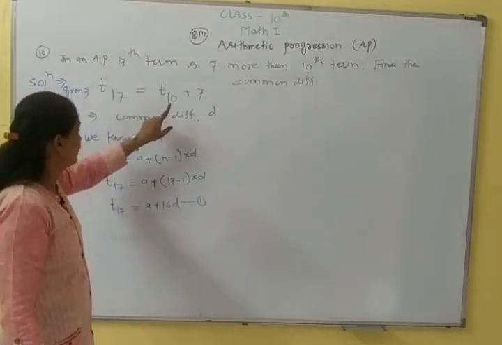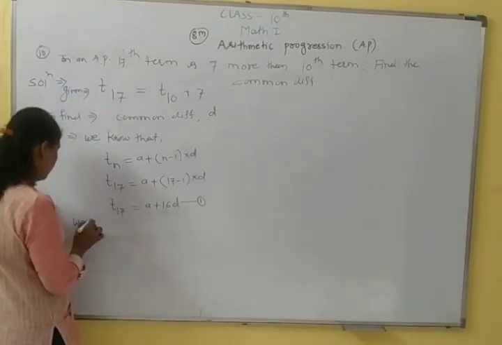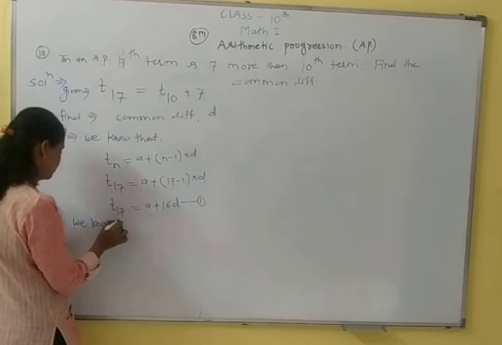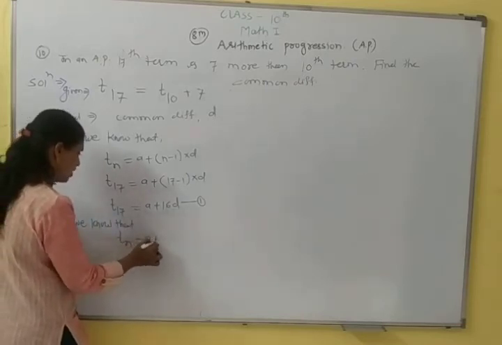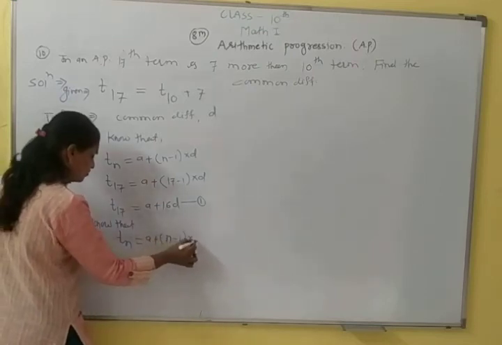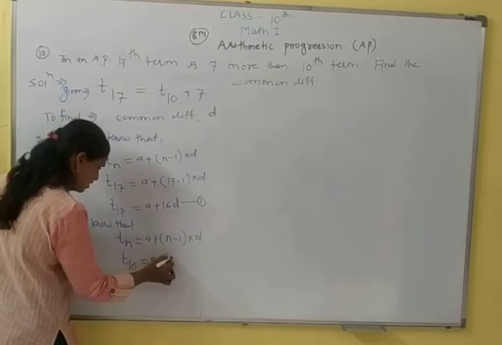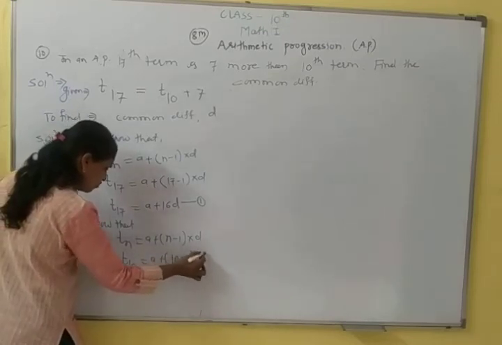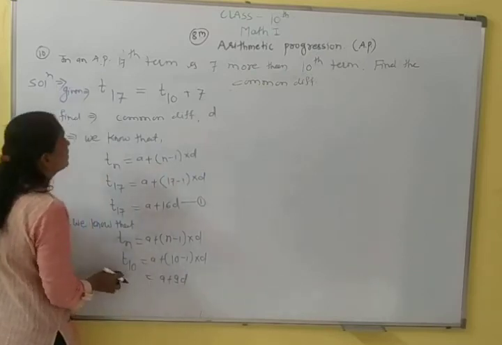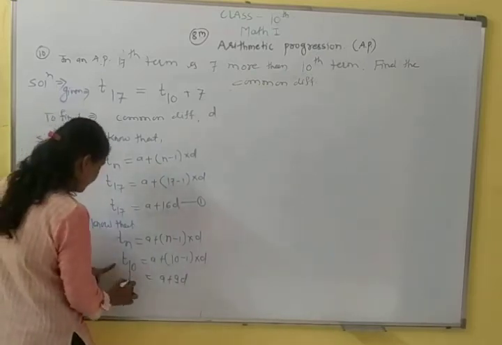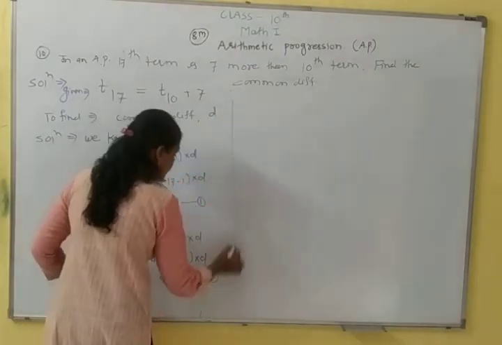Again find T10: Tn equal to A plus n minus 1 into D, so T10 equal to A plus 10 minus 1 into D, A plus 9D, equation number 2.